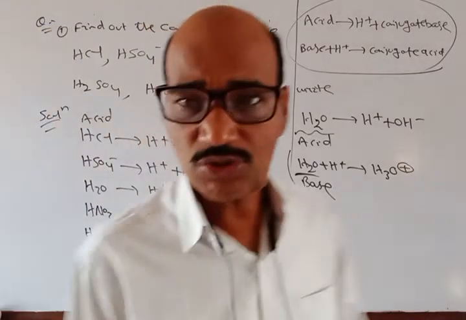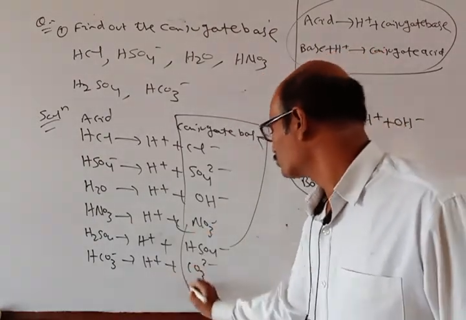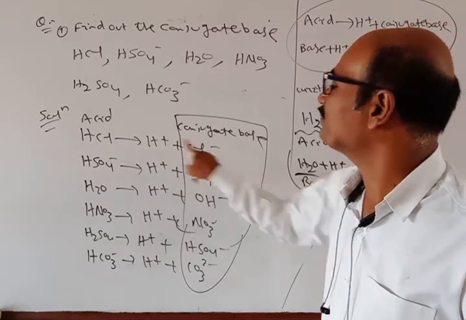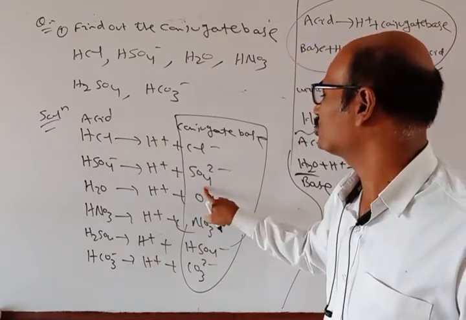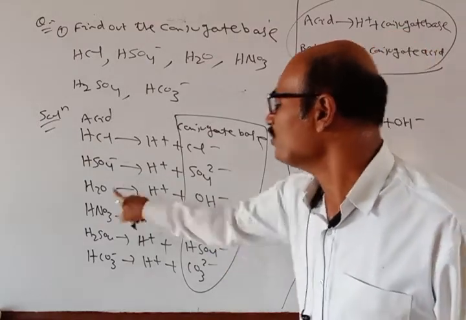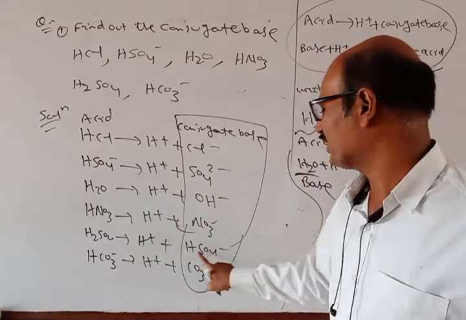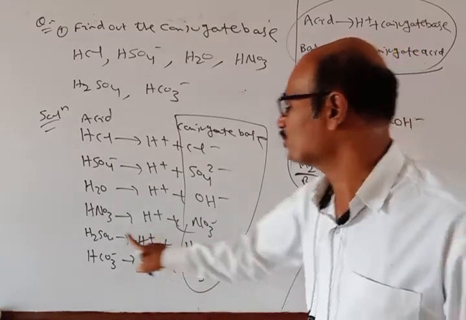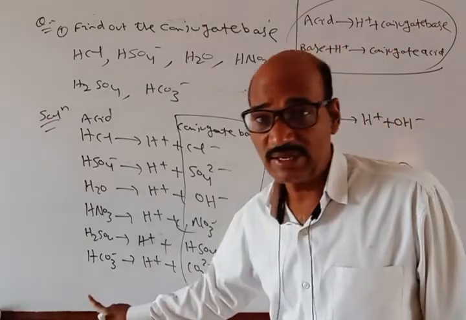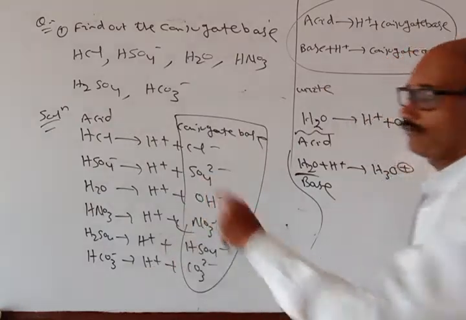So HCO3 minus is an acid giving the proton and the remaining part is CO3 2 minus. So here Cl minus is the conjugate base of HCl, SO4 2 minus is the conjugate base of HSO4 minus, OH minus is the conjugate base of H2O, NO3 minus is the conjugate base of HNO3, HSO4 minus is the conjugate base of H2SO4, and CO3 2 minus is the conjugate base of HCO3 minus. And here you see the difference is only a proton.